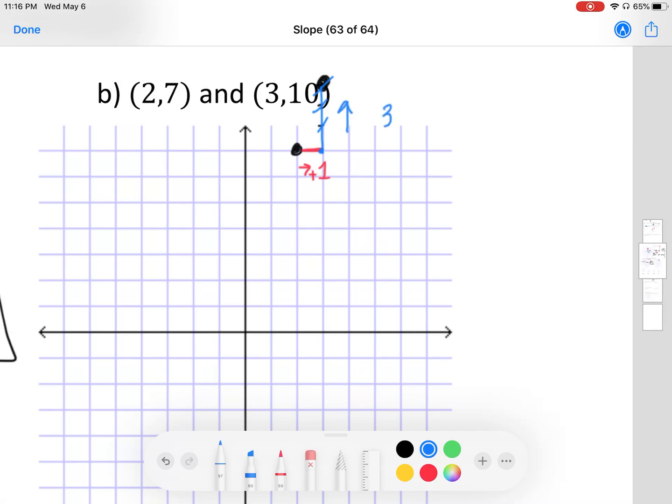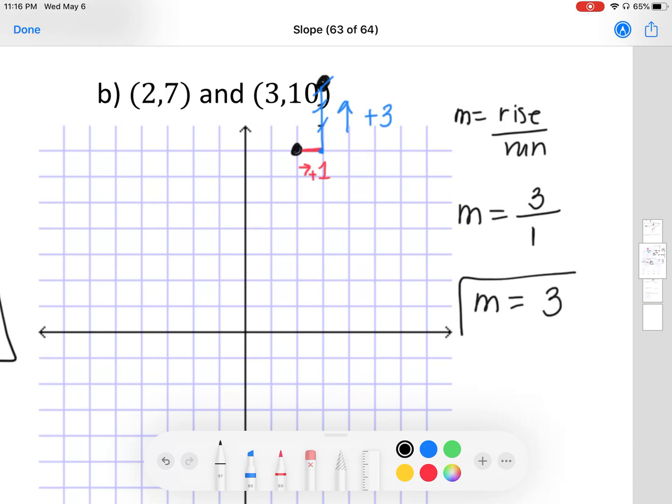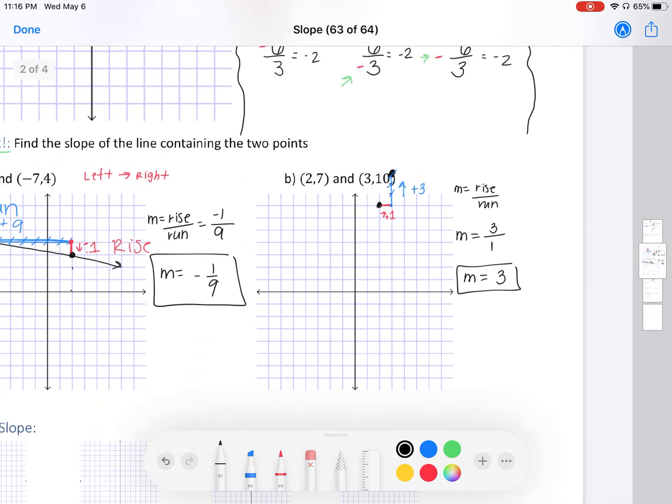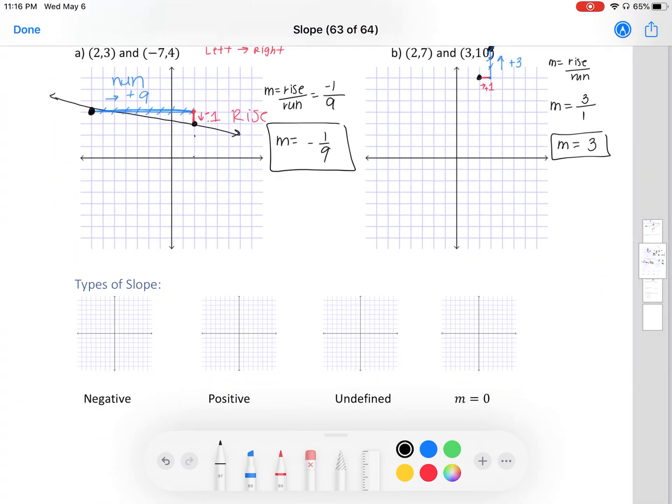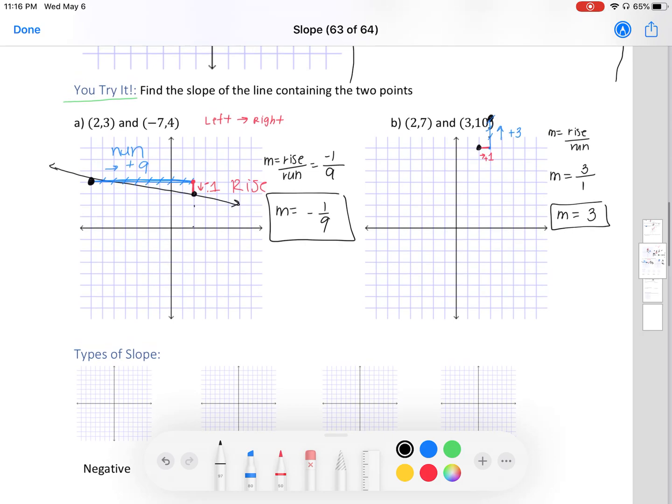So I go up 3, a plus 3. Let's write our slope. Our slope is our rise over our run. So our rise is 3 and our run is 1. So 3 over 1 is just 3. We have a slope of 3. I never did connect those points. Let's go ahead and connect them.